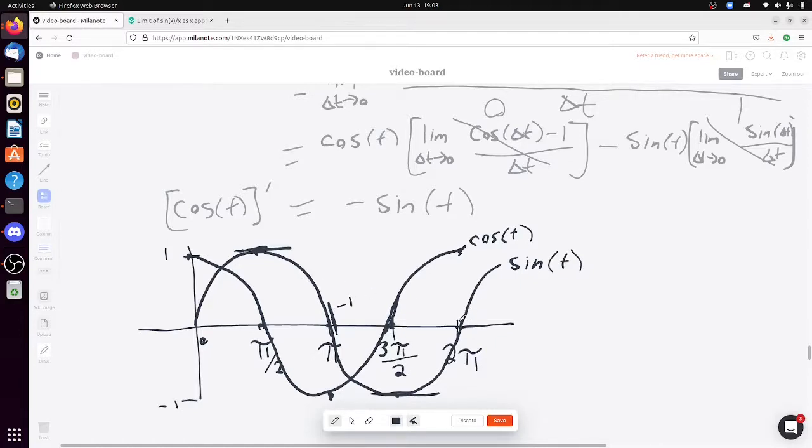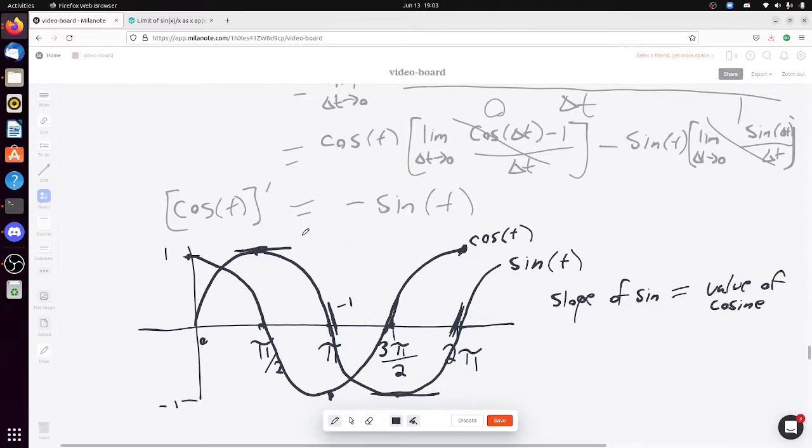So here the slope is 1, and the value of cosine is 1 here. No matter where we are, the slope of sine equals the value of cosine. This is actually what it means to be the derivative.